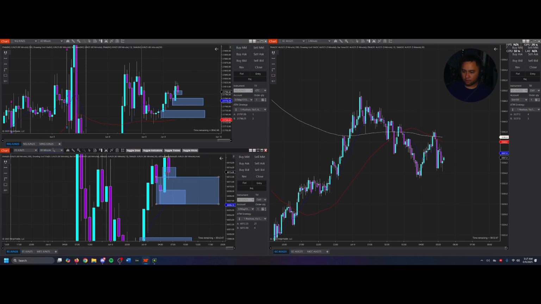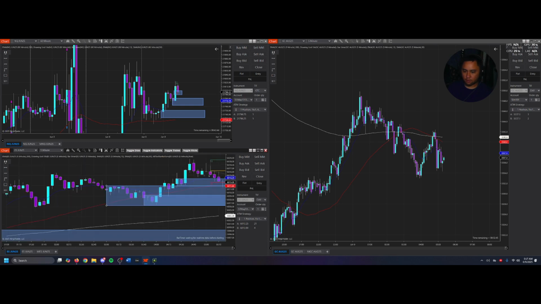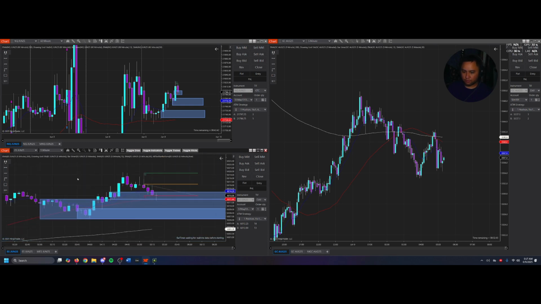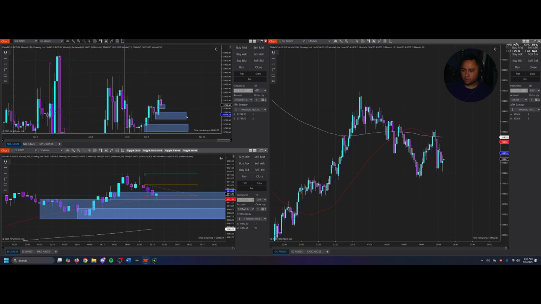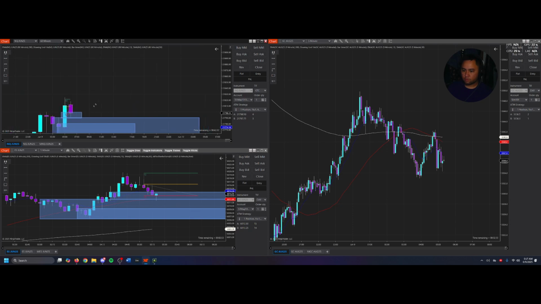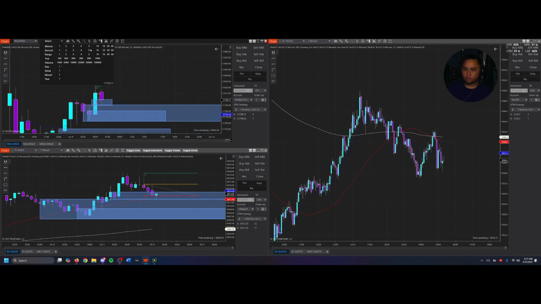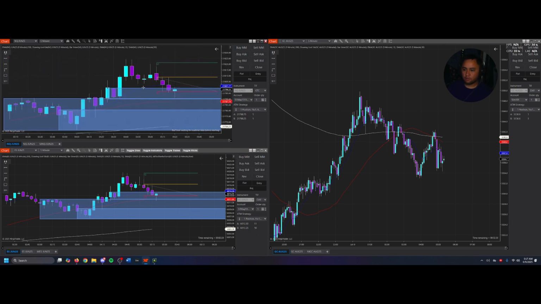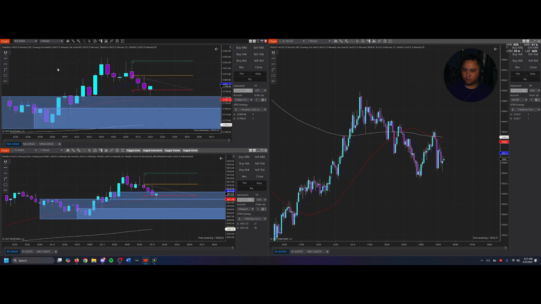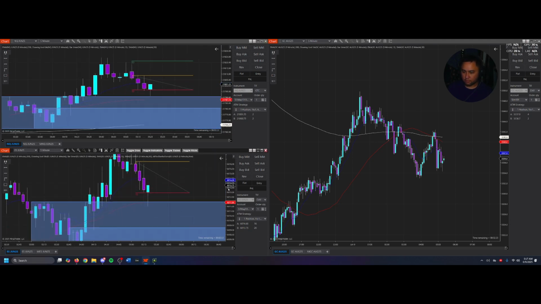It is rejecting off of the 1 hour demand zone. Let's delete the first demand zone.